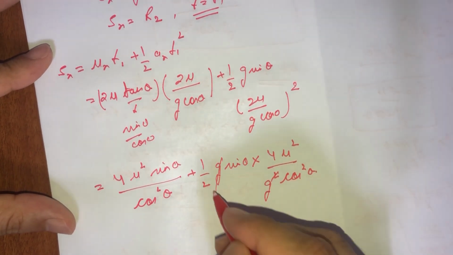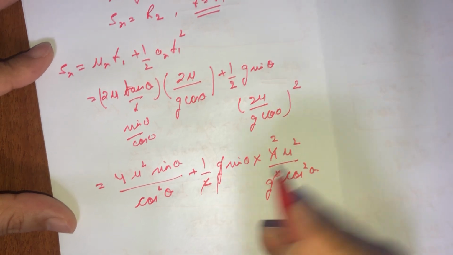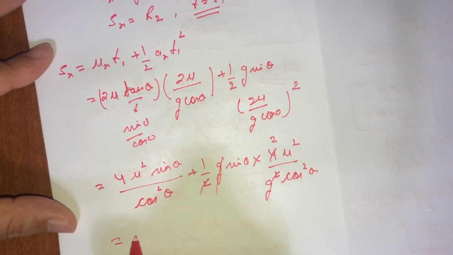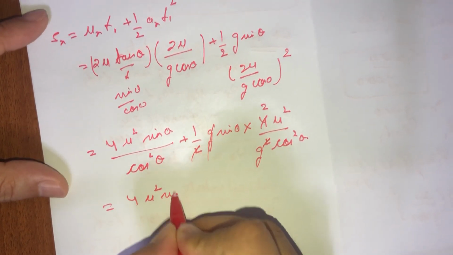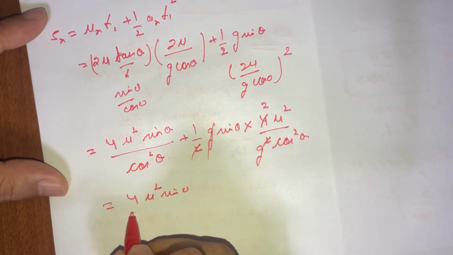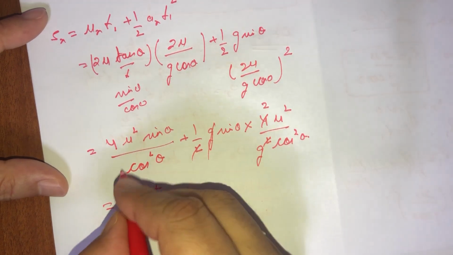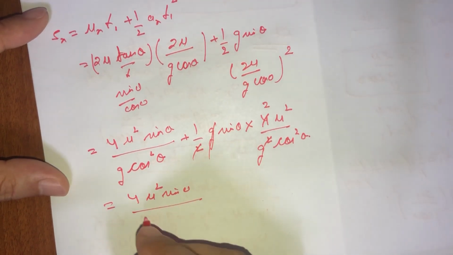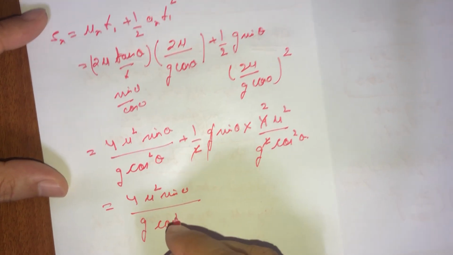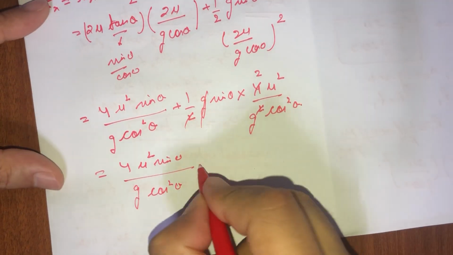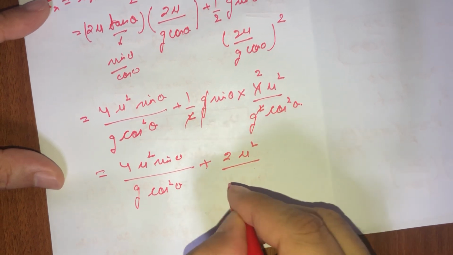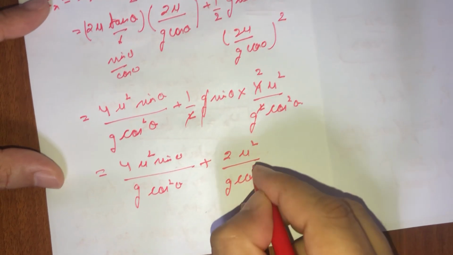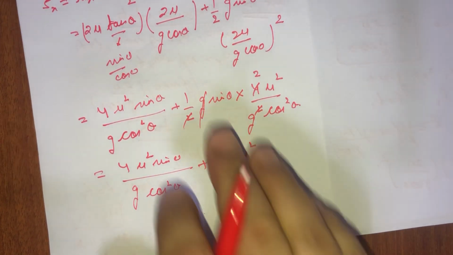G cancels with the square, 2 goes with this 2, so we are left with 4u square sin theta divided by g cos square theta, sorry, I missed the g, plus 2u square sin theta over g cos square theta.